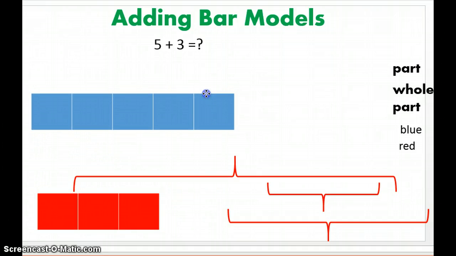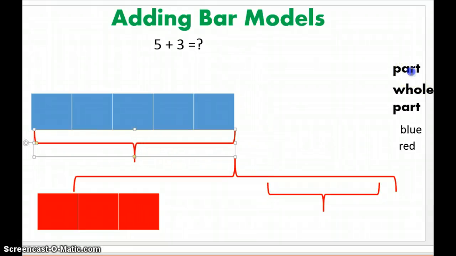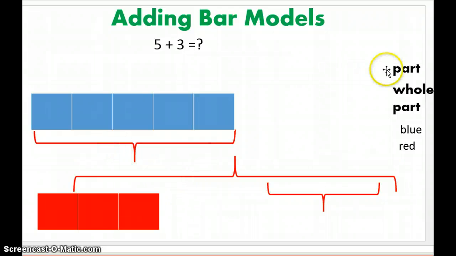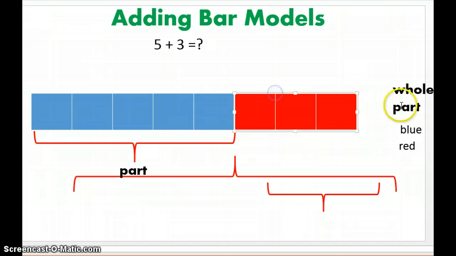Bar models have parts. So this is one part, and we're going to go ahead and actually label it part. It's a part. And we're going to label this bar the other part.